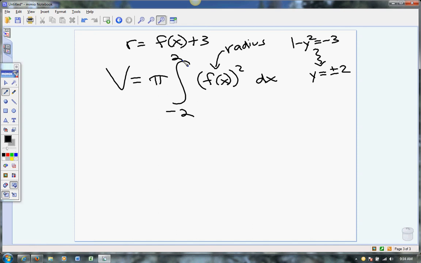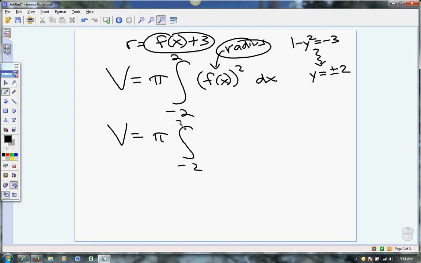So now we can go ahead and put my radius in, which we said is the function plus 3. So now I'm going to have volume equals pi, from negative 2 to 2, of, what was my function? Well, it was 1 minus y squared, and then I'm going to add 3. But remember, that whole mess has to be squared because we're working with the volume of a cylinder, and that's going to be dy.